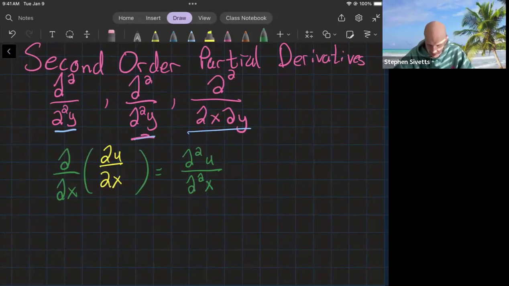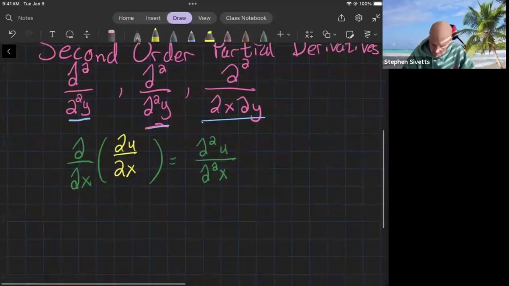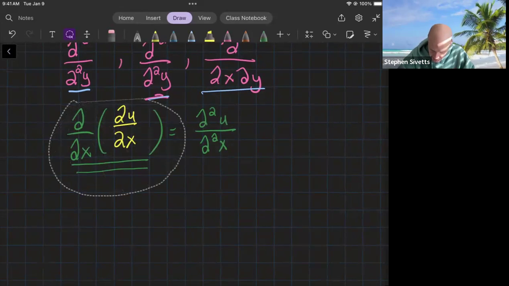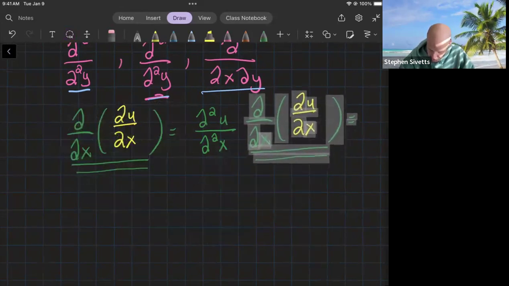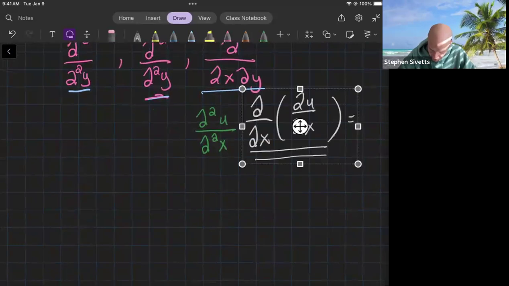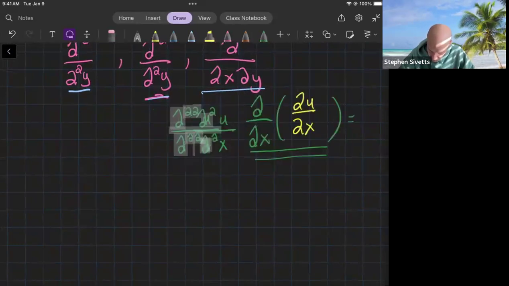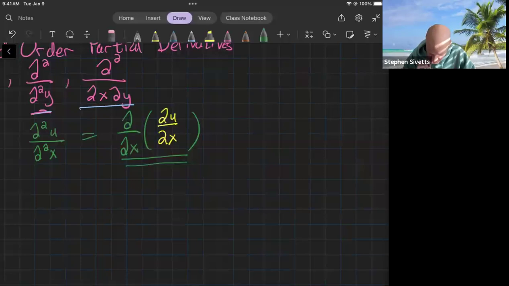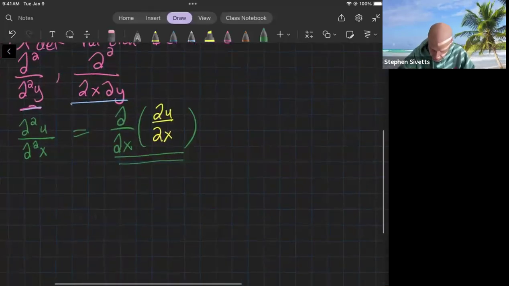Okay. And what that means is we just take the derivative of the partial of u with respect to x. So if I just switch these, put this over to the right and scoot this over a little bit and make this equals. Okay, so this is what the second partial of u with respect to x means.